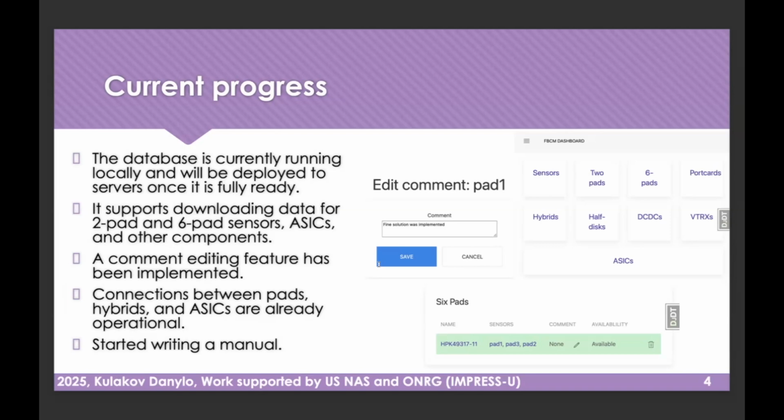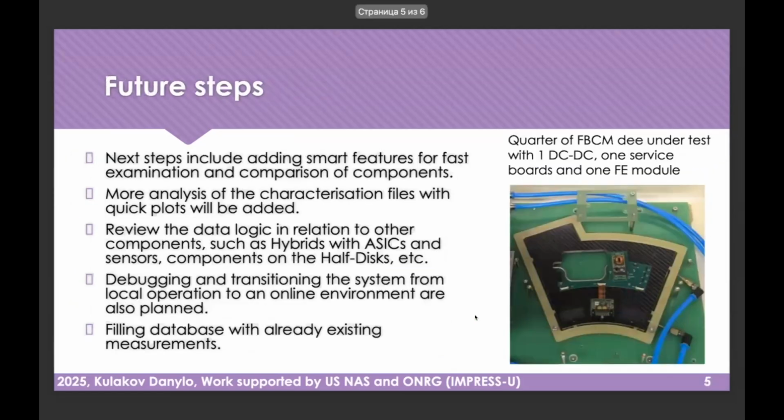So now I finished the sensors, 2 parts, 6 pads, and ASICs data page. I implemented a comment editor, and also I implemented that we can see different connections between each sensor.